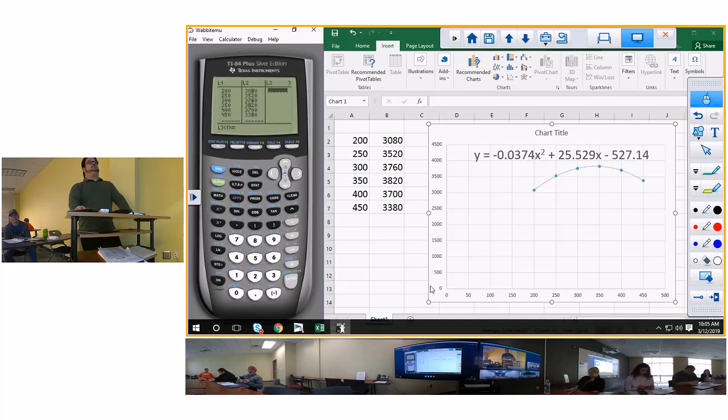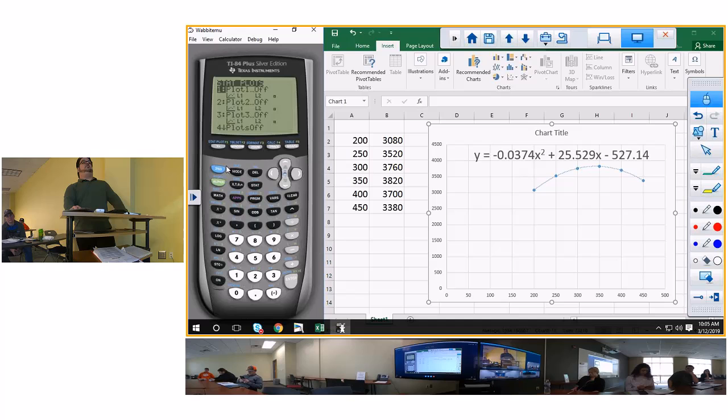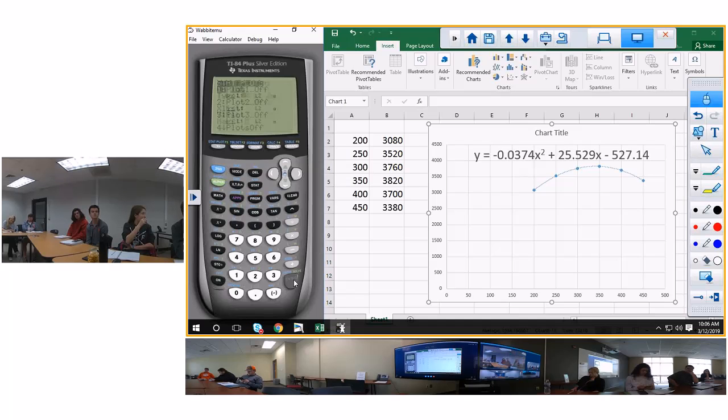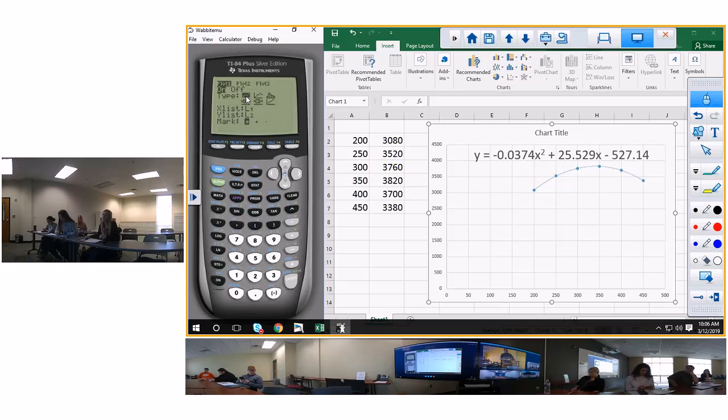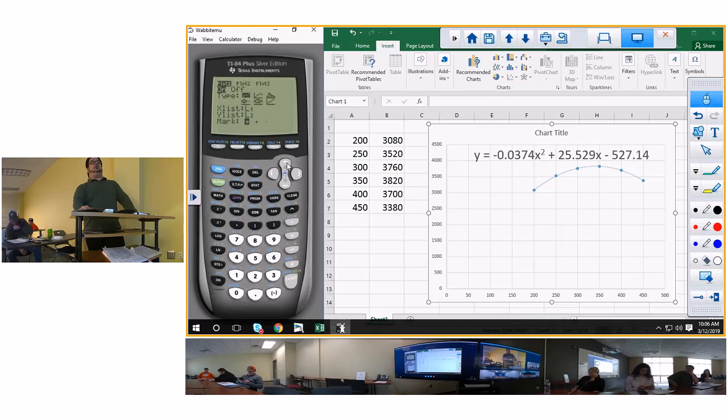Okay, so what do you do? You just sit there and stare at it for 15 minutes. No, you go to second, stat plot, hit enter, turn it on. It's already defaulted to what? Scatter plot, and it's already defaulted to L1 and L2. All you got to hit now is graph. Now you may not see it. Why?